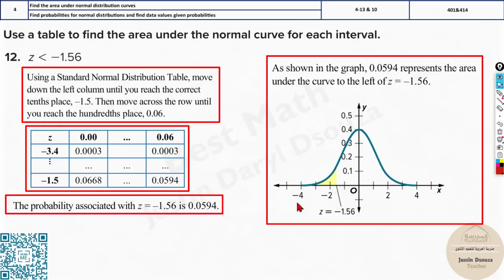It's just less than. So that is the answer. Because here, whatever you get is from the left side. From the left side here, it is 0.0594. That's already known. That much percentage. If it was greater, you have to do 1 minus the remaining value. But here it's the left side value. That is already given over here as the answer.